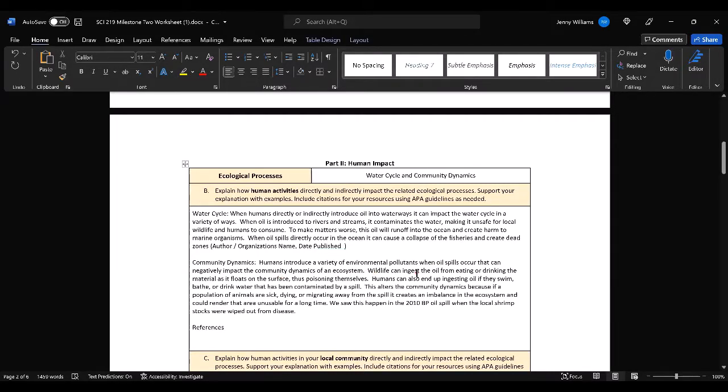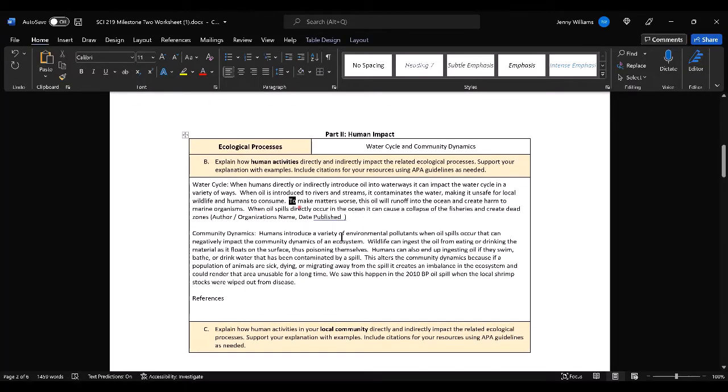Wildlife ingest the oil from eating or drinking it, and then humans can end up ingesting it as well. This alters the community dynamics because if a population of animals are sick, dying, or migrating away from the spill, it creates an imbalance in the ecosystem and could render that area unusable for a long time. So I'm basically just talking about what random human activities can do to alter these processes and negatively impact them.